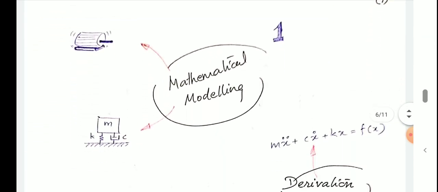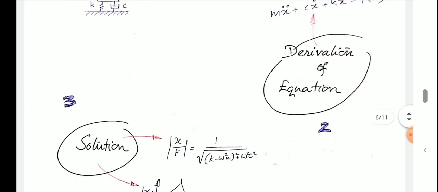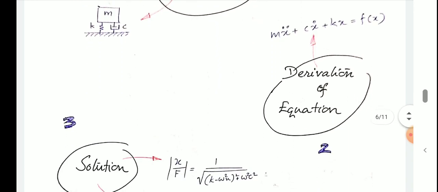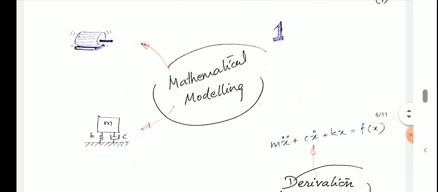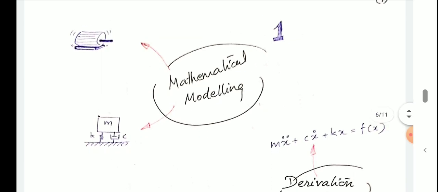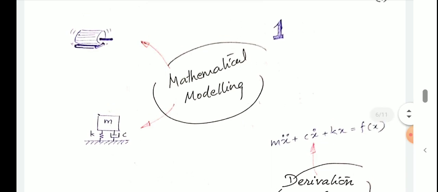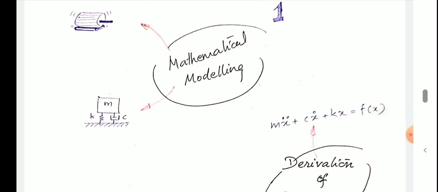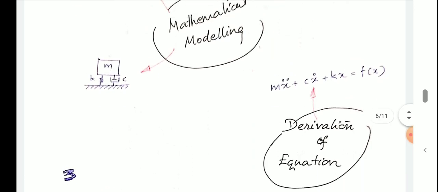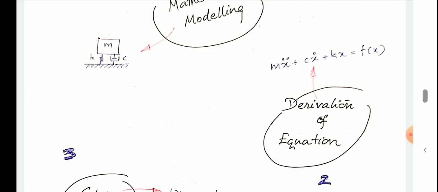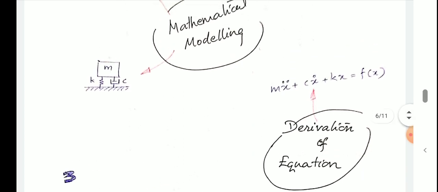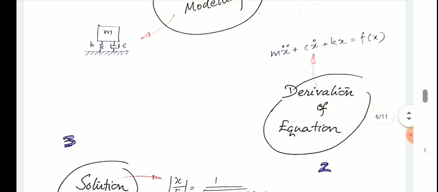Now, the analysis of a vibrating body or a vibrating system is always classified into 3 stages. First stage is mathematical modeling. A real-time vibrating body or system is initially modeled into a mathematical system using a mass, spring and damper system. The second phase is, after mathematical modeling, we have to derive a governing equation which defines the motion of that vibrating body.